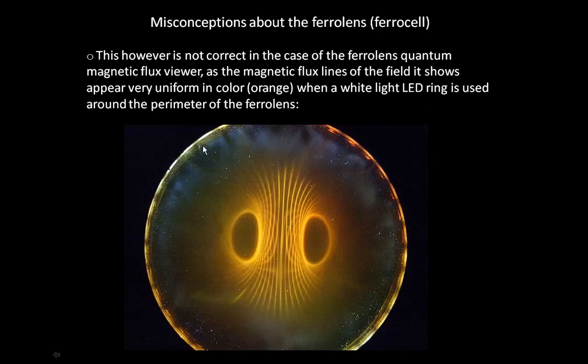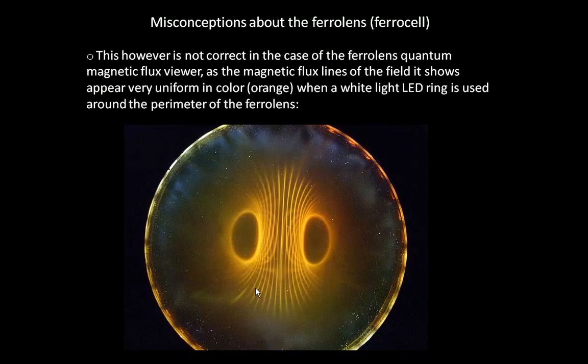Remember this is white light, white LED light, and white light disperses into all the rainbow colors. If it was a diffraction grating, we would definitely see a rainbow effect. But instead the color is very uniform orange. You have a different tone, a different brightness, but in general the color is very uniform orange, and there are no other colors present.